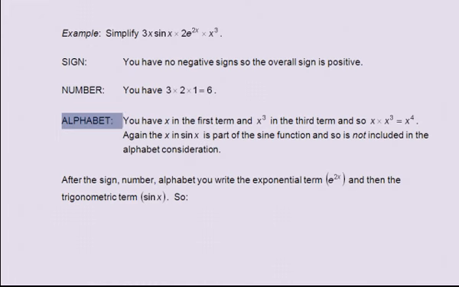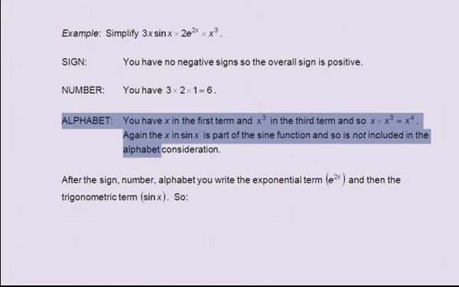Alphabet. You have x in the first term and x cubed in the third term, so x multiplied by x cubed equals x to the power 4. Again, the x in sin x is part of the sine function, and so is not included in the alphabet consideration.